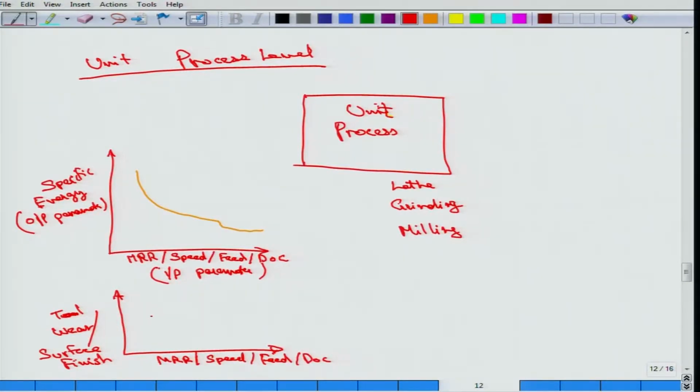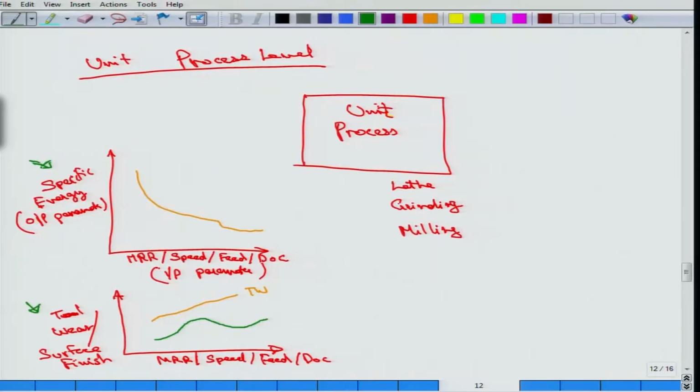This tool wear has to be minimum. Tool wear needs to be minimized. For example, with MRR, it would always be like this. With more MRR, tool wear would be high. So, this is tool wear. Surface finish can have transit behavior. For example, surface finish can be something like this. So, this is my energy parameter and my quality parameter.